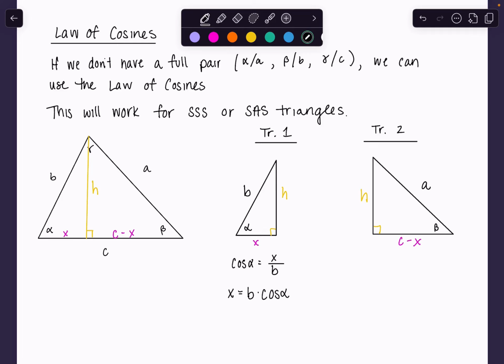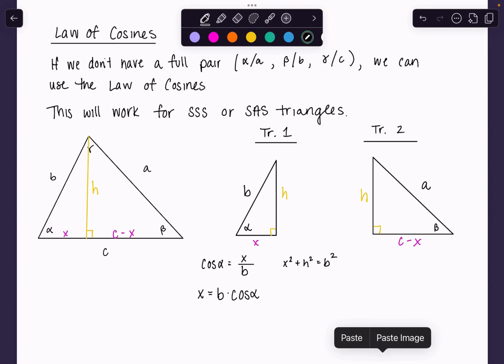So from this first triangle, using my Pythagorean theorem, if I take one side squared, add the other side squared, it equals the hypotenuse squared, okay? And then over here, I've got one side squared plus the other leg squared is equal to the hypotenuse squared, okay? So what I'm going to do in both of these is they both involve an H squared.